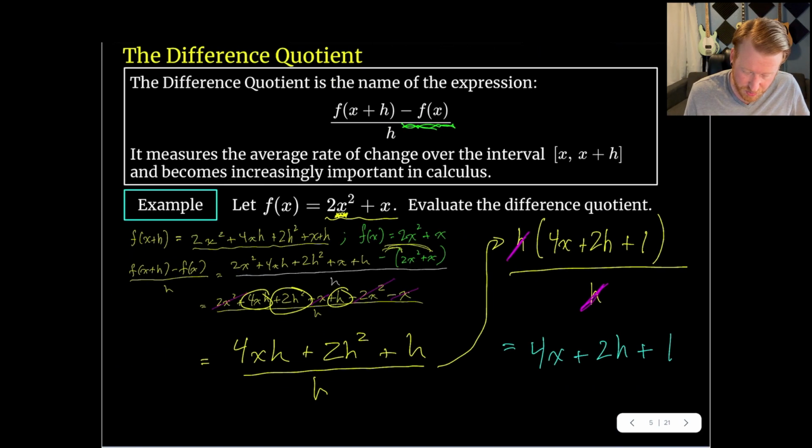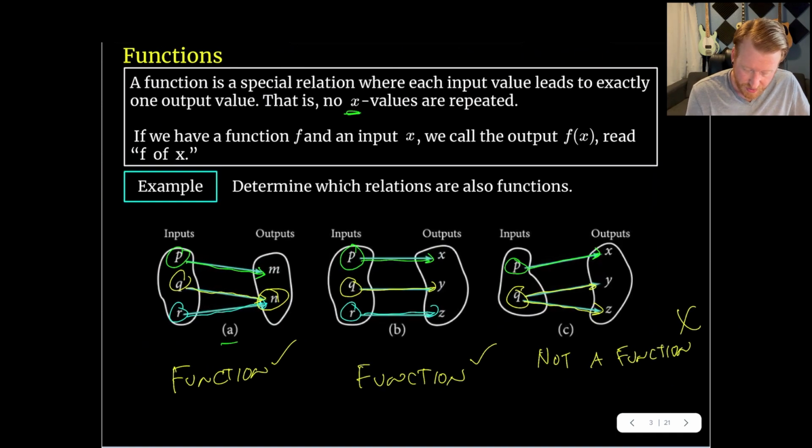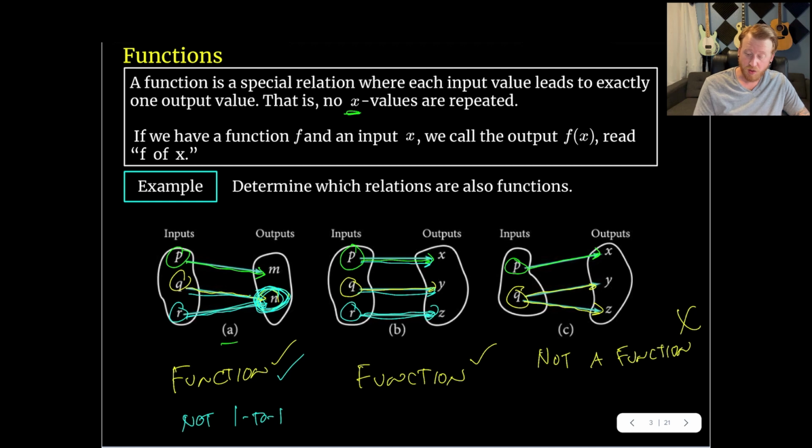Maybe to go back to one of those first slides, we said that A is a function, and I'll even give it a double check mark. But the fact that n is being hit by two inputs means that this is not a one-to-one function. This next example B is one-to-one, because every output value is being hit by exactly one input value.